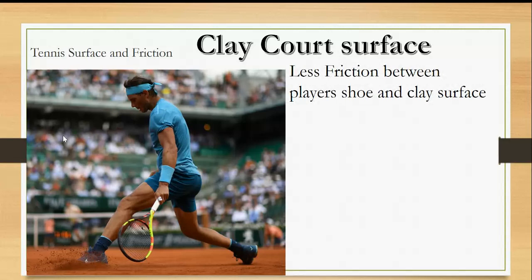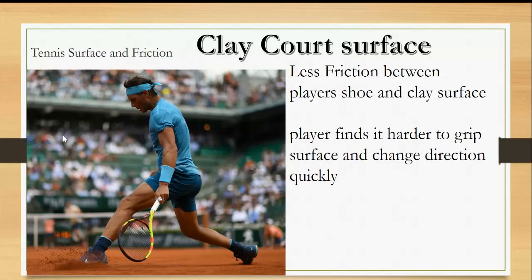It's important that you talk about the two things that are interacting. So it's not Rafael Nadal and the surface, it's the shoe of Rafael Nadal, or the sole of the shoe and the clay surface, to be more exact. The player finds it harder to grip on this surface, and changing direction quickly would also be very difficult.